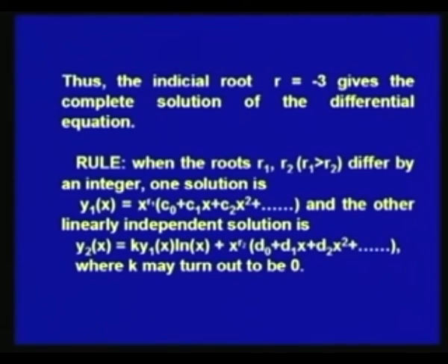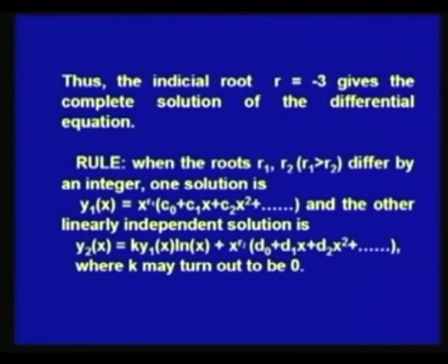But in case 2 of type 2, it turned out that k is equal to 0 because the second solution was linearly dependent on the first solution, and the first solution itself had two arbitrary constants C0 and C1. So it had given us the general solution.